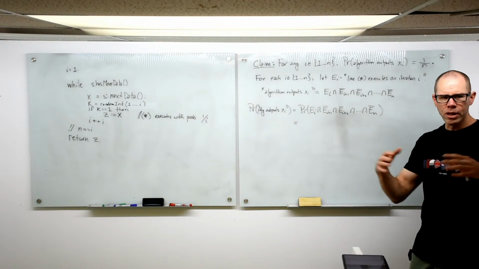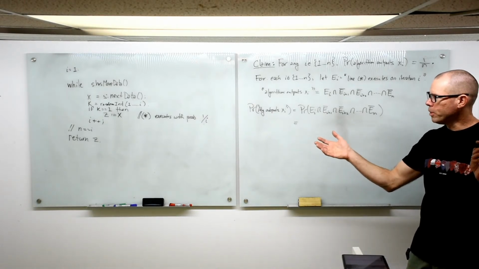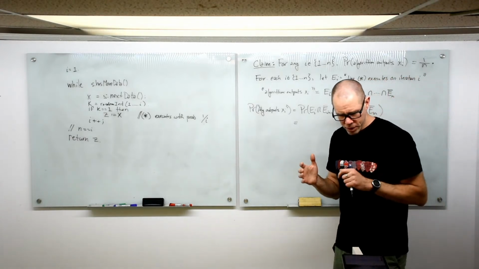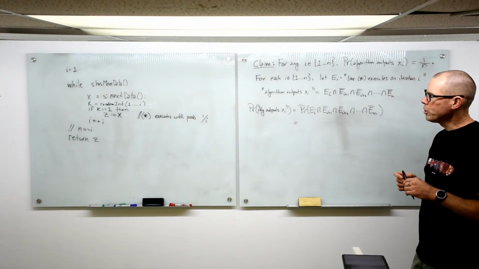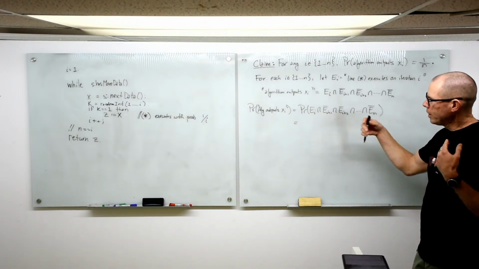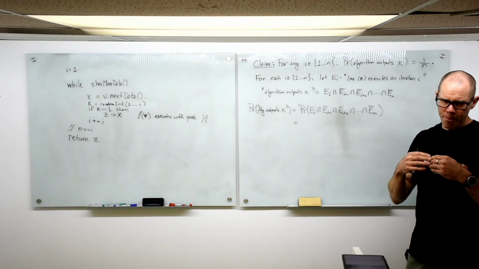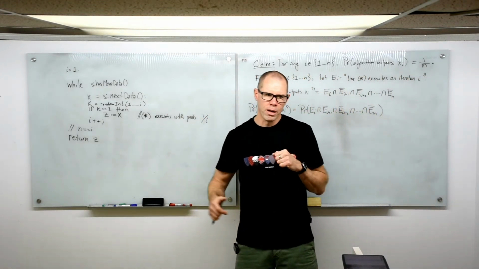In fact, the whole sequence of integers that I get when I execute it these n times should be an independent sequence, so the events E1 through En should be mutually independent.